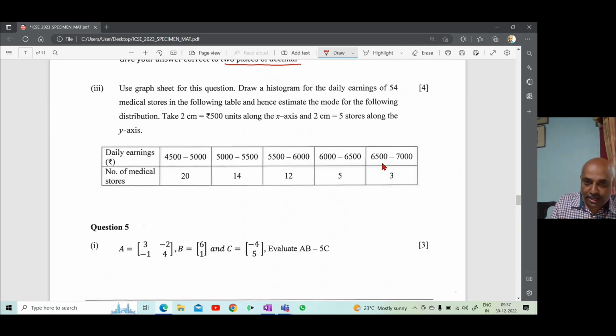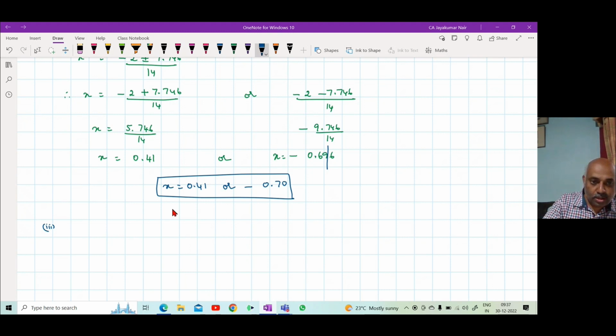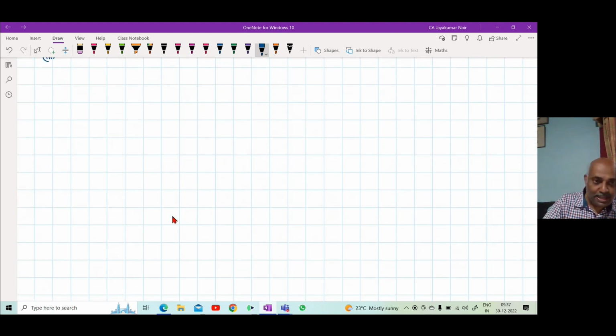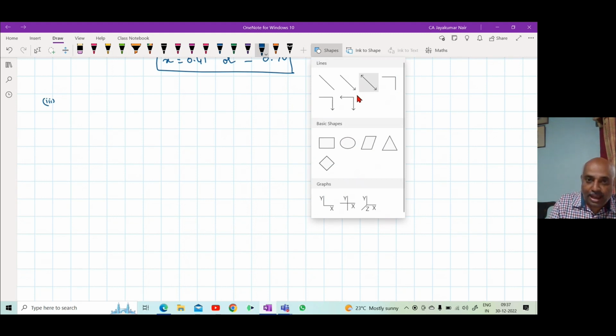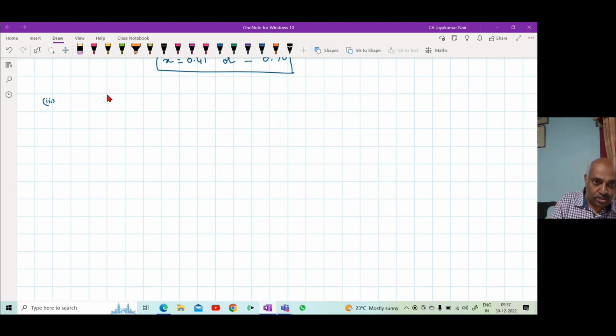So you have the earnings. This is nothing but the class interval, and this is the number of medical stores. So we have to find out what is the mode. So very simple. So we will copy the class interval, that table. First, we will draw the x-axis and the y-axis.